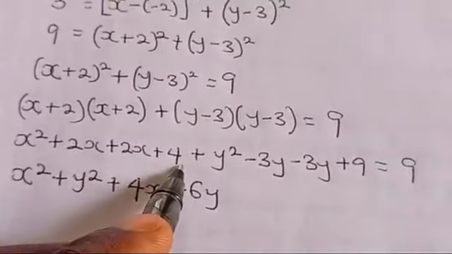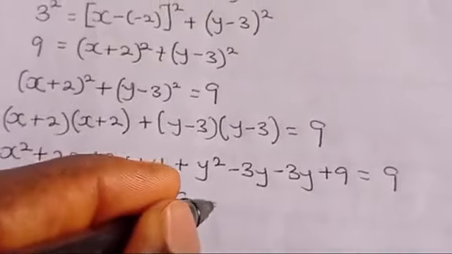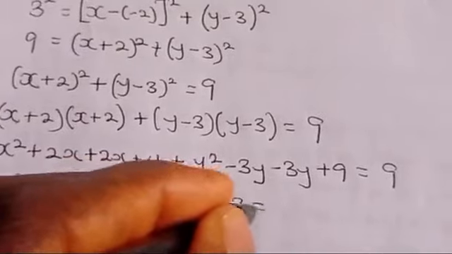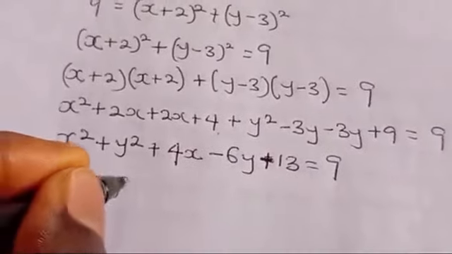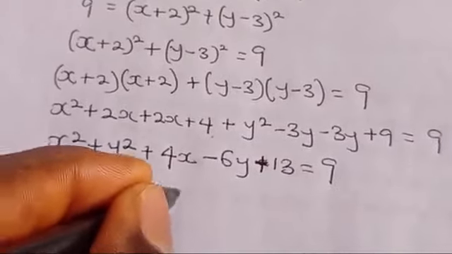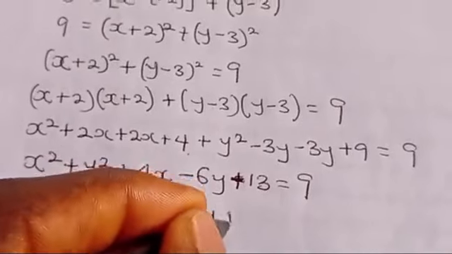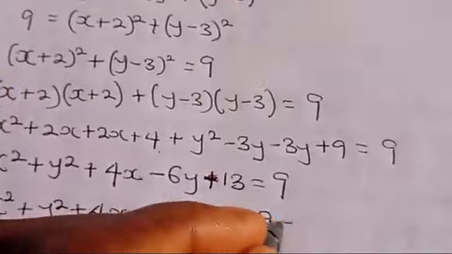Next we have 4 plus 9 giving us 13. That's plus 13 equal to 9. We have x squared plus y squared plus 4x minus 6y plus 13 minus 9 equal to 0.